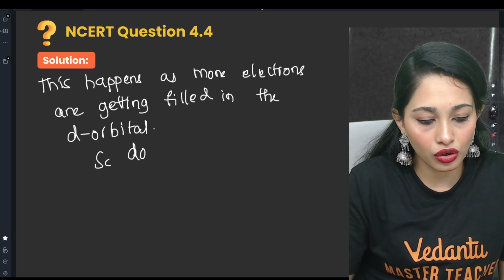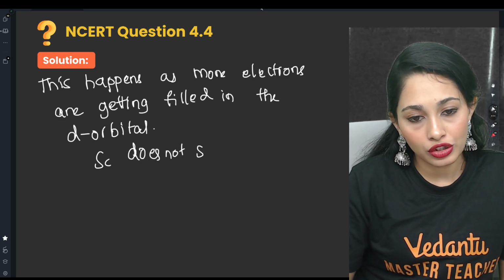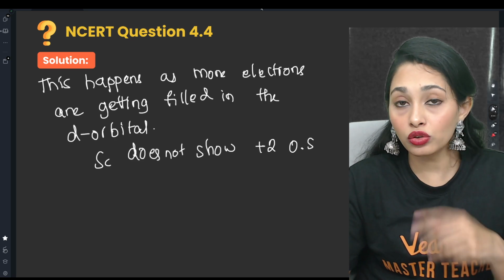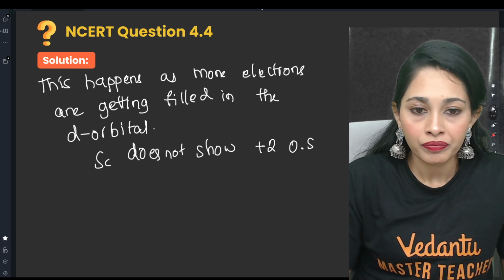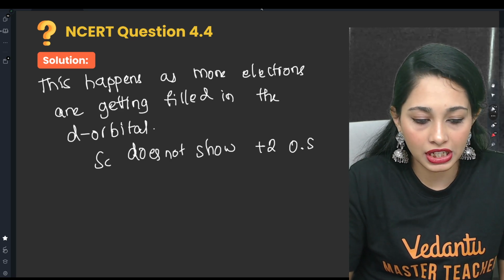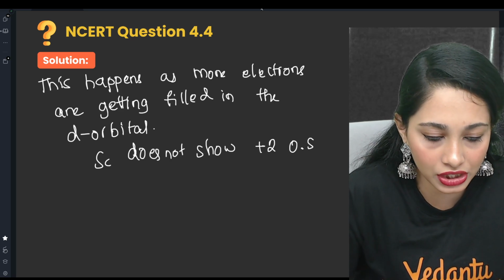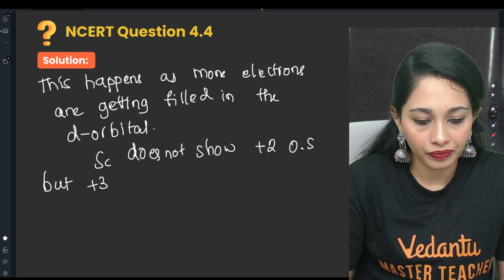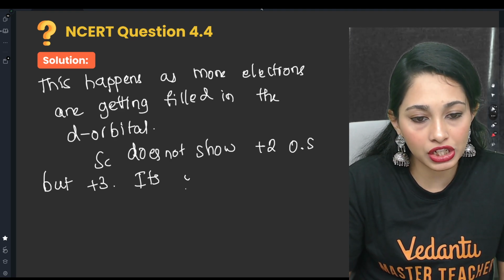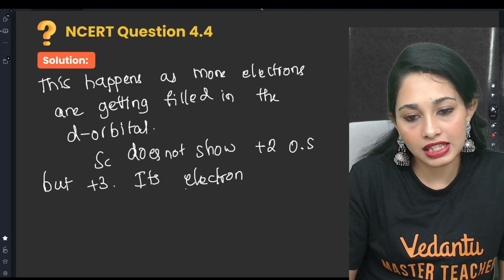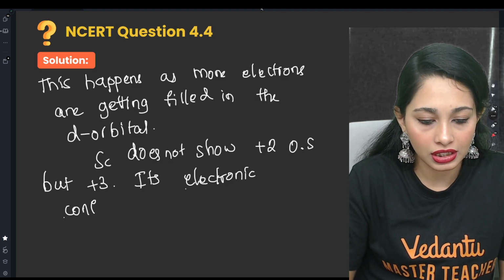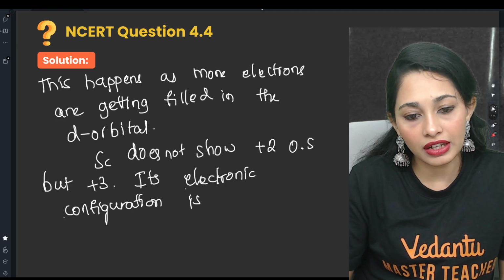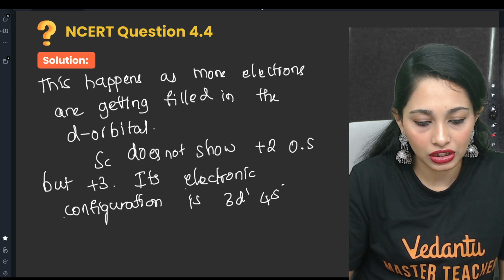Scandium does not show the +2 oxidation state, but +3, because its electronic configuration is 3d1 4s2.